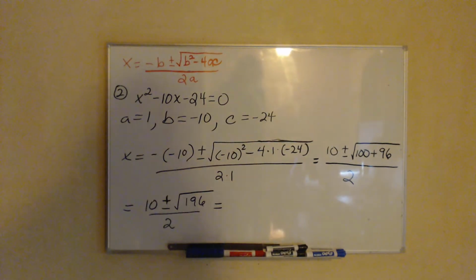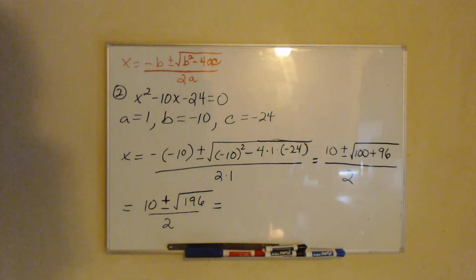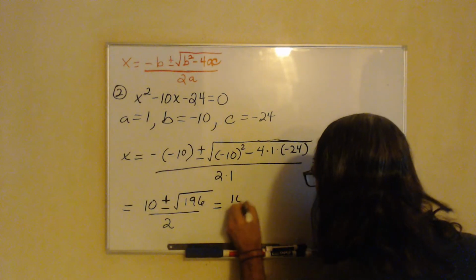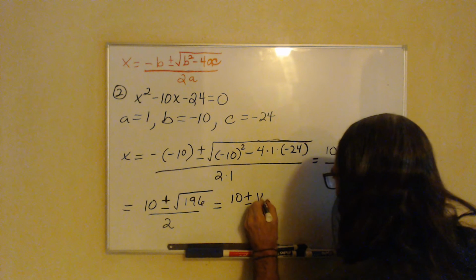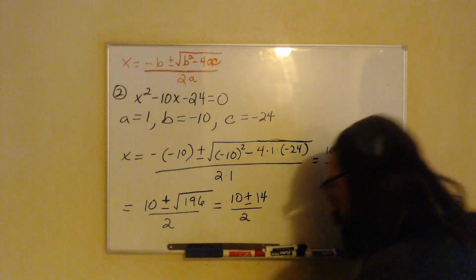I'm going to check that real quick. It is. It's 14 squared, so we're completely getting rid of the square root again. 10 plus or minus 14 all over 2.